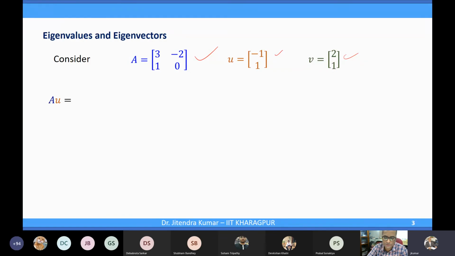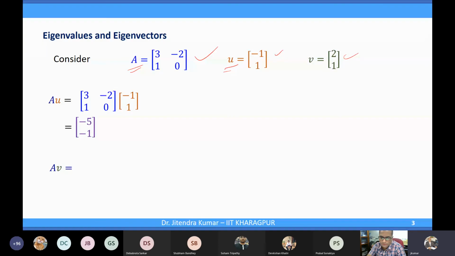When you do this Au, the result will be (-5, -1). Nothing to point out here. It's just a matrix-vector multiplication with this particular vector, and we got some other vector as usual in R2.